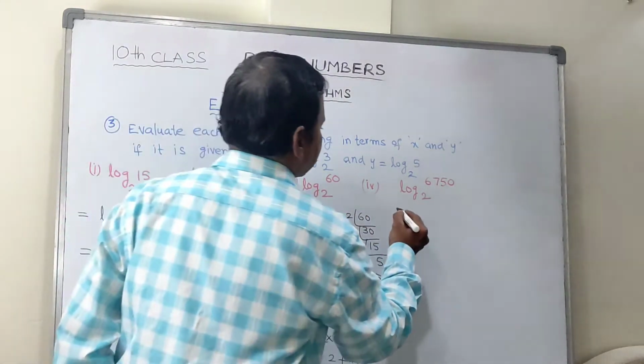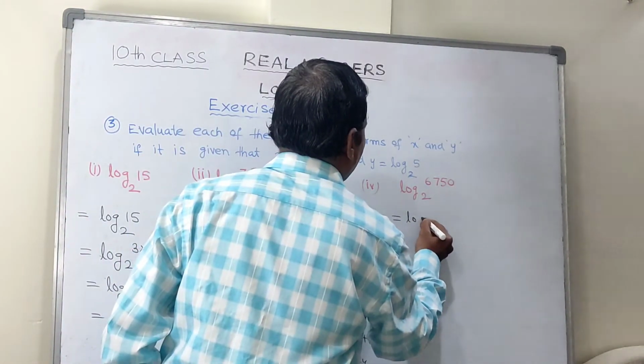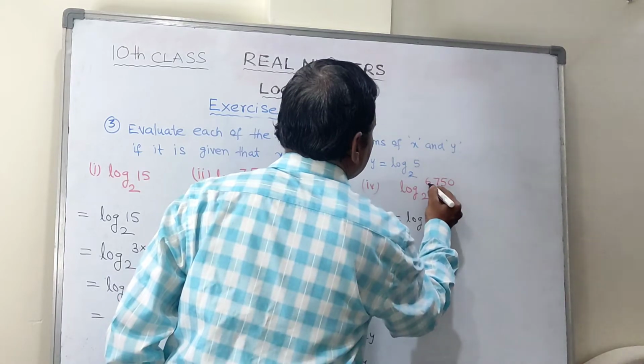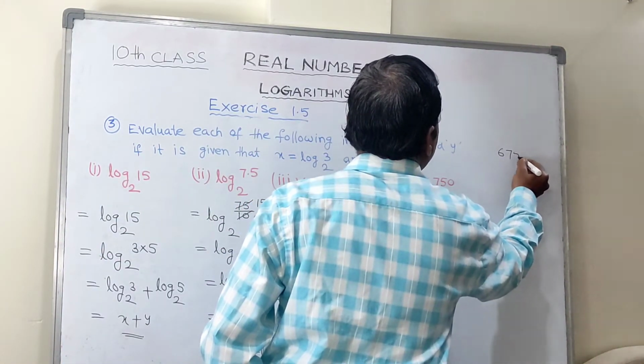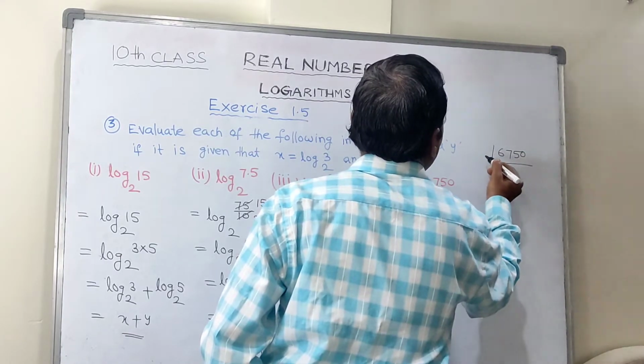The last question, log 6750 is to be changed in the exponential form.